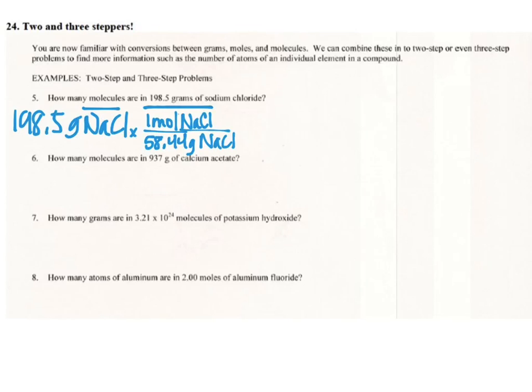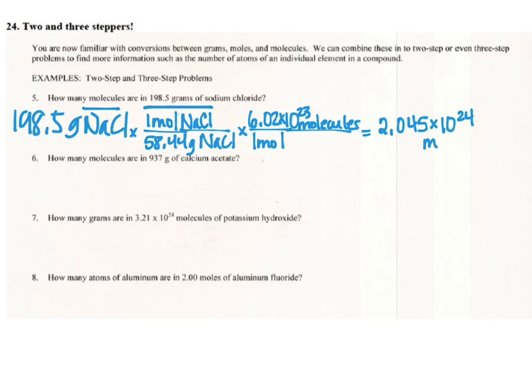And we have to go to molecules. So in 1 mole, there is always 6.02 times 10 to the 23rd molecules, or formula units. And so to 4 sig figs, 2.045 times 10 to the 24th molecules or formula units of sodium chloride.